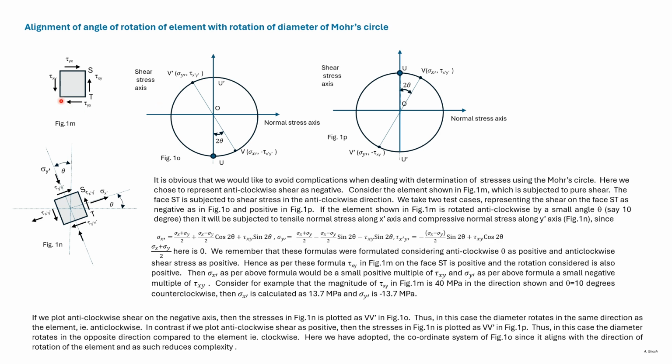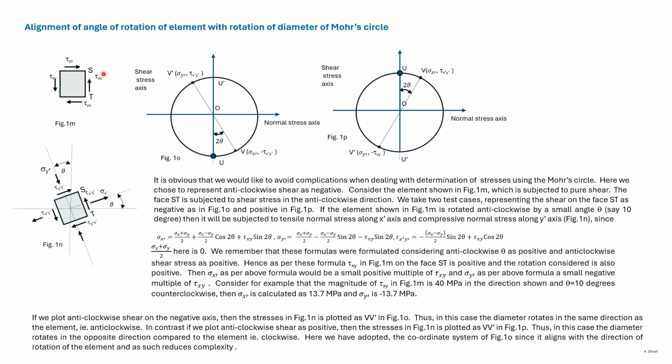Now consider this element which is subjected to shear stress only. Such an element is considered to be in pure shear. The Mohr circle for such a case is as shown in these two diagrams. The center of the Mohr circle coincides with the origin.